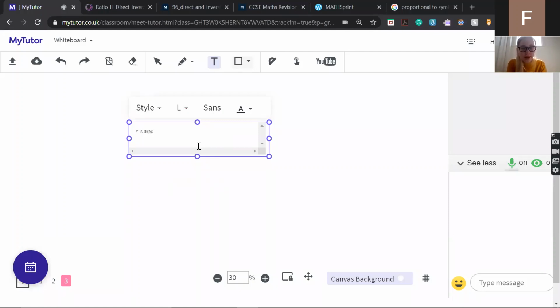Y is directly proportional to X. X increases by 25%. How much does Y increase by?